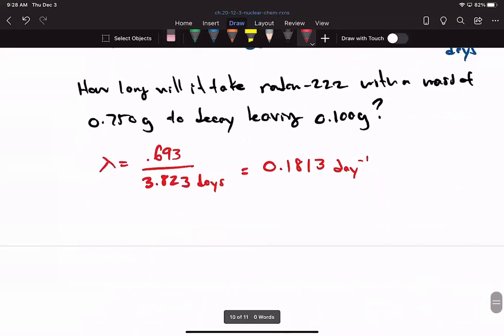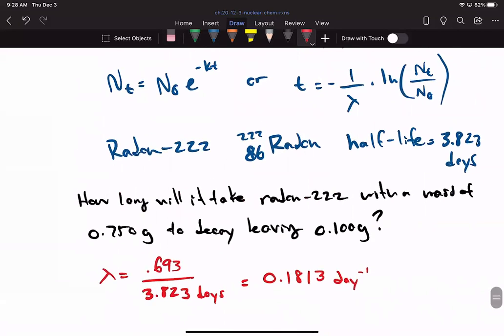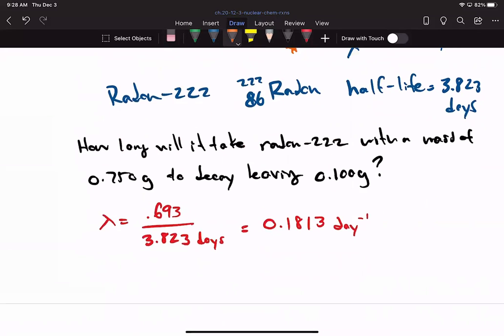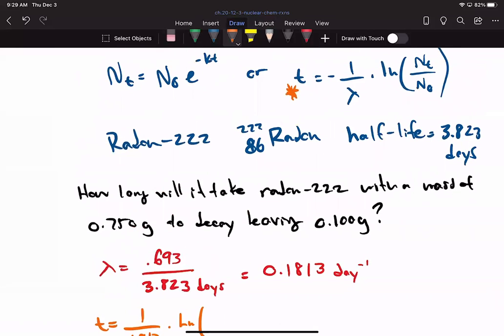Now if we want to know how long it's going to take, we use our formula here. T is equal to the time, which is 1 over lambda, 1 over 0.1813, times the natural log of the mass at the time versus the original mass.